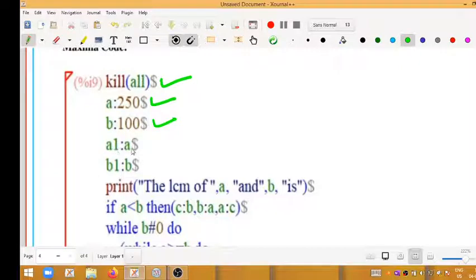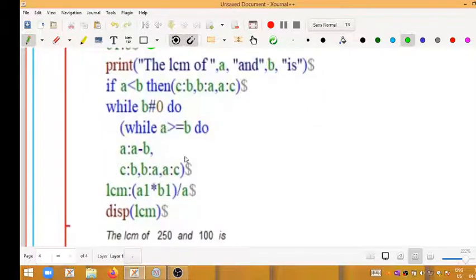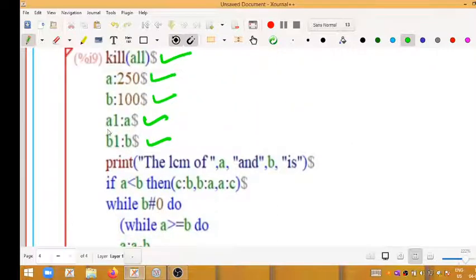Next we call it A1 as A and B1 as B, because I am taking LCM of A1 comma B1 here. So that's why we take A as A1 and B as B1. Next, print the LCM of A and B.